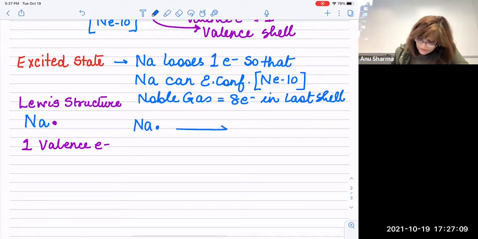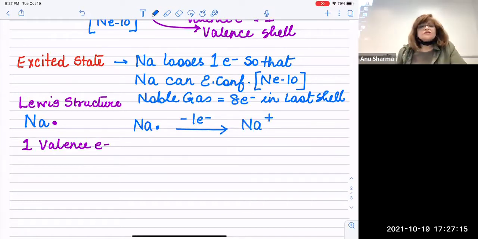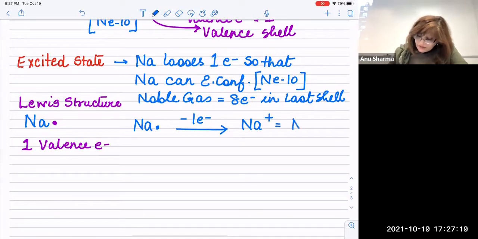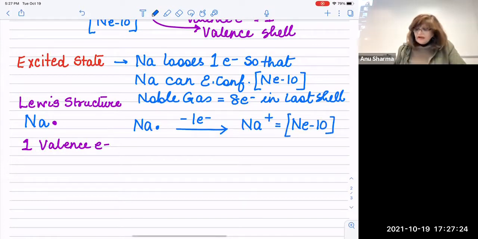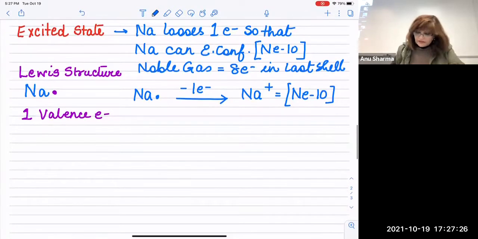When it loses that one valence electron, minus one electron, then it acquires a positive charge, plus one charge. Okay, so then it looks like neon 10. So neon 10 has its electronic configuration in the sodium ion.